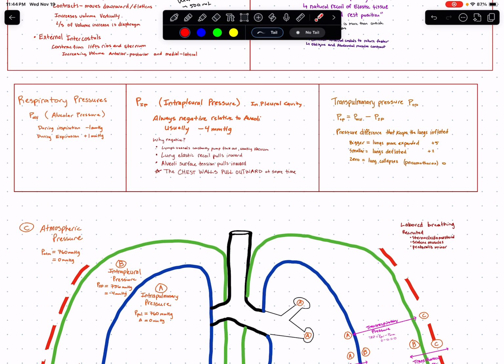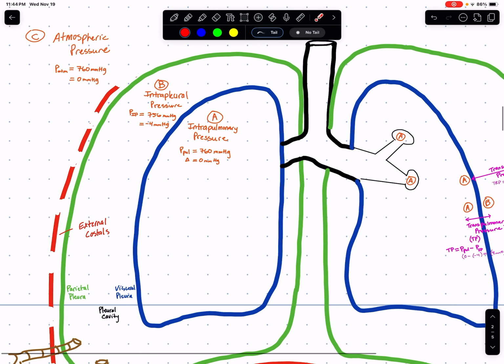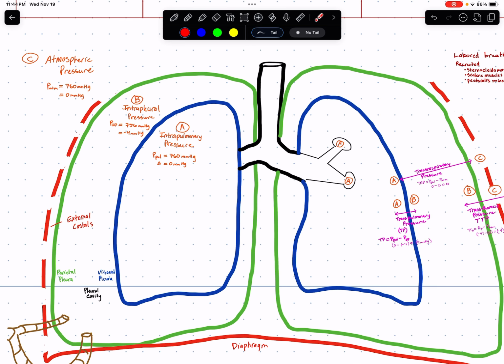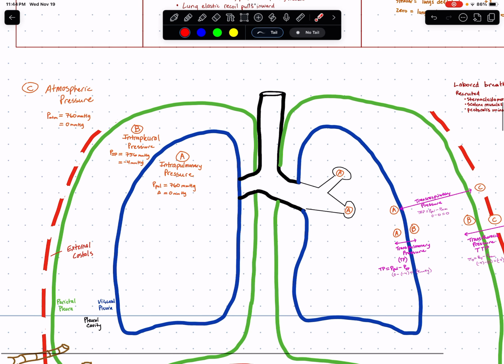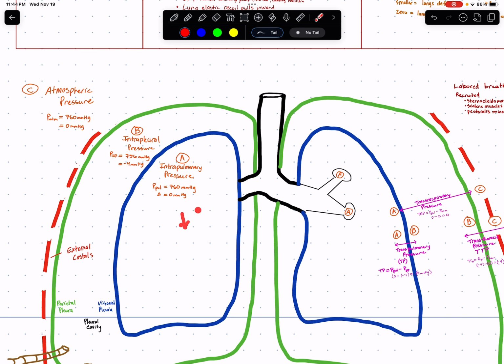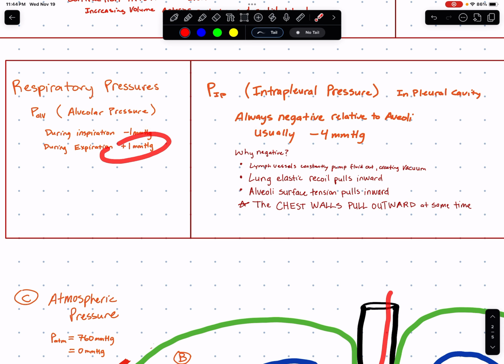So, for example, inspiration: we get our respiratory pressure, your alveolar pressure, which is also intrapulmonary pressure, to -1. And because of that, we're going to suck air in because it's a gradient. Expiration is +1, it just does the opposite.